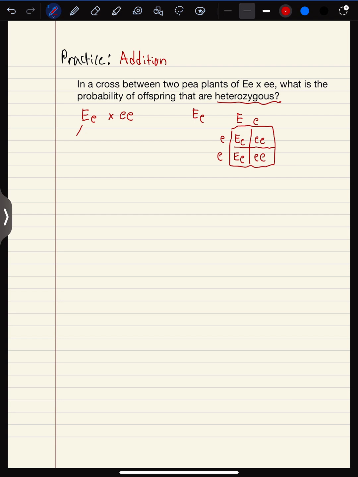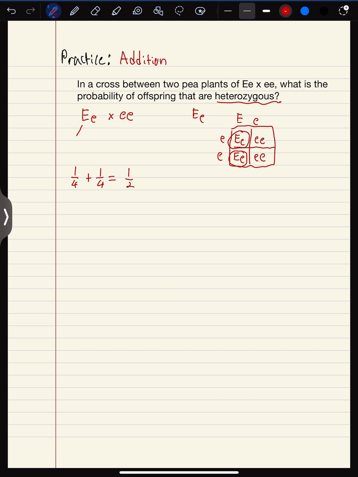And so we have a 1 out of 4 chance of getting a big E, little e right here, and a 1 out of 4 chance of getting a big E, little e right here. So that means we would add up 1 out of 4 plus 1 out of 4, and our total chance would be 1 out of 2.